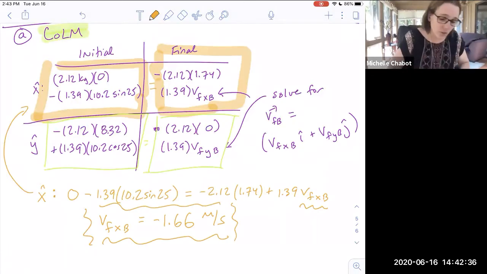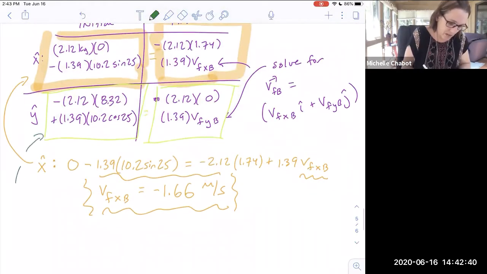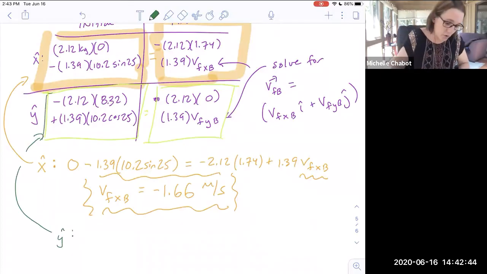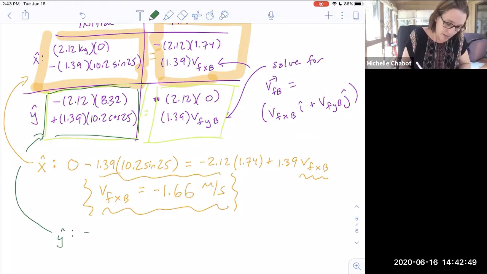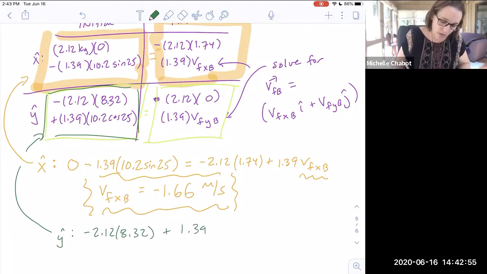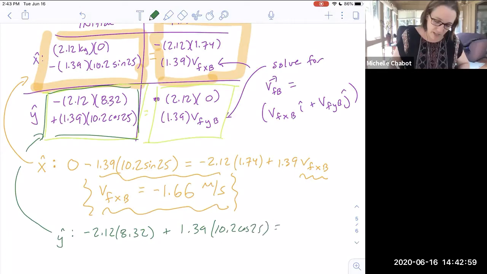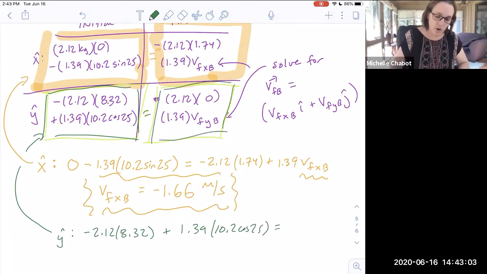So now I'm going to do the same thing in the y direction. I'm going to take the sum of my initial momentum, so those two terms added together. So minus 2.12 times 8.32, and then plus 1.39 times 10.2 cosine 25 is then going to be equal to my other two terms added together.